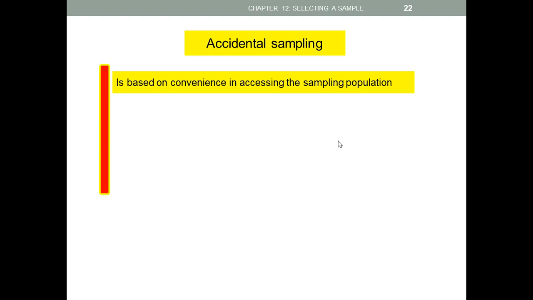So accidental sampling is based on convenience in accessing the sampling population. So convenience is a key consideration also for a researcher when recruiting the participant. Convenience, accessibility. For example, you collect data from your classmates.